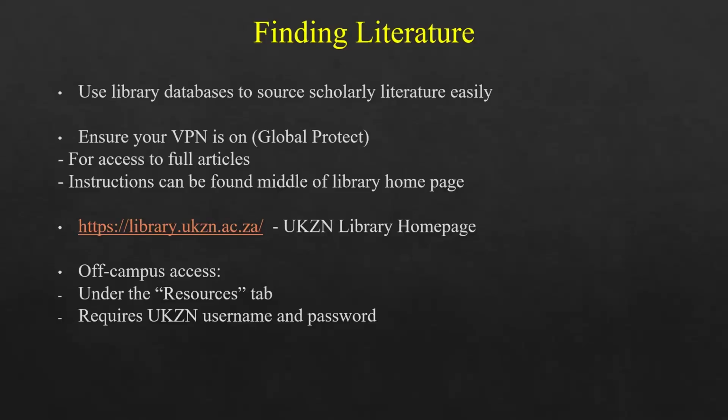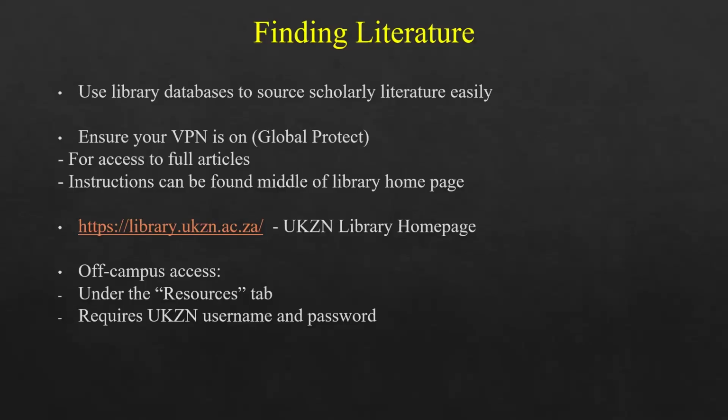So it's only when you become an experienced academic that you can discern the difference between academic literature and not so academic literature. So for people who are starting off in terms of trying to source academic or scholarly literature, I would say your first point of departure, and that's what they're there for, is using your library databases.